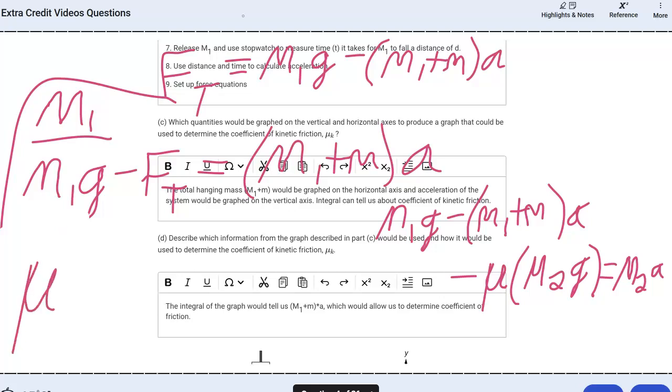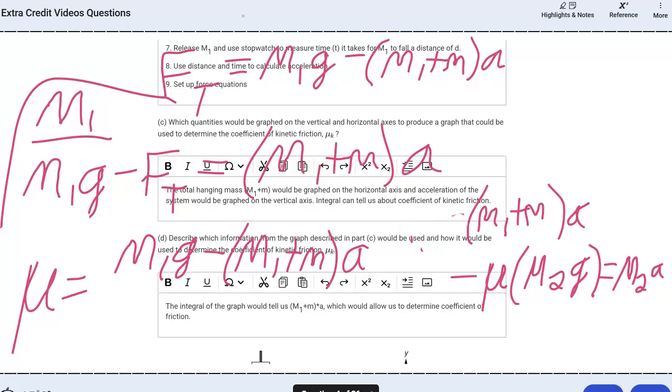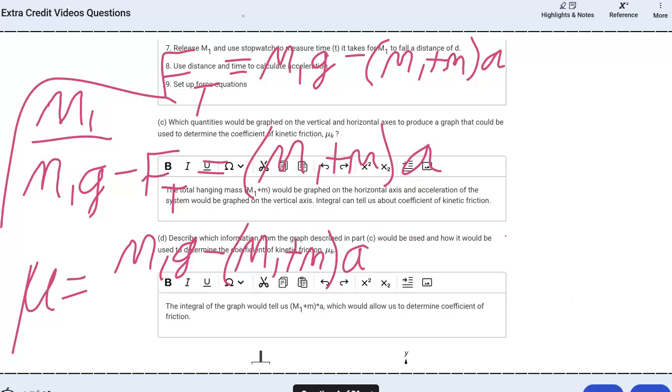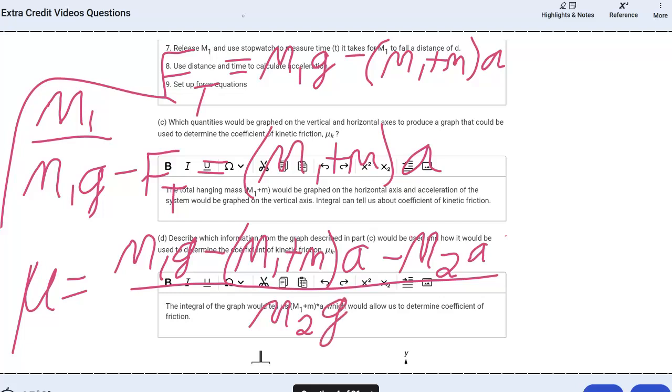And then we're going to find that mu equals M1G minus M1A minus M2A over M2G, sorry.